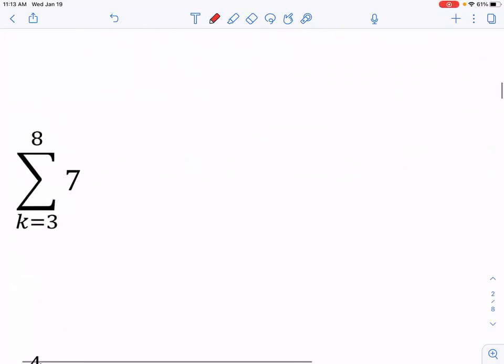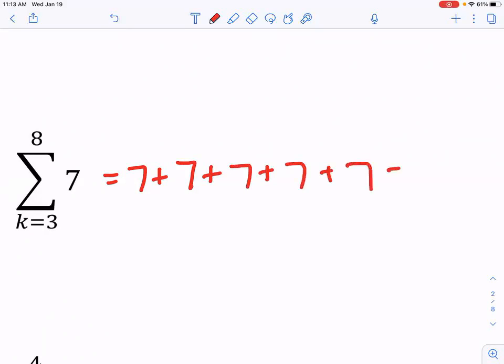What about this one? What do you get when you plug in 3? What do you get when you plug in 4? What do you get when you plug in 5, 6, 7, 8?